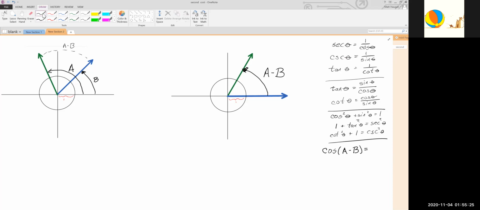Okay, now the crux of the argument, the main thing that makes this work, is if we consider these two intersection points where the circle hits those rays and look at this length D. I'm going to call it D1. That length in this diagram is by necessity the same as this length on that diagram.